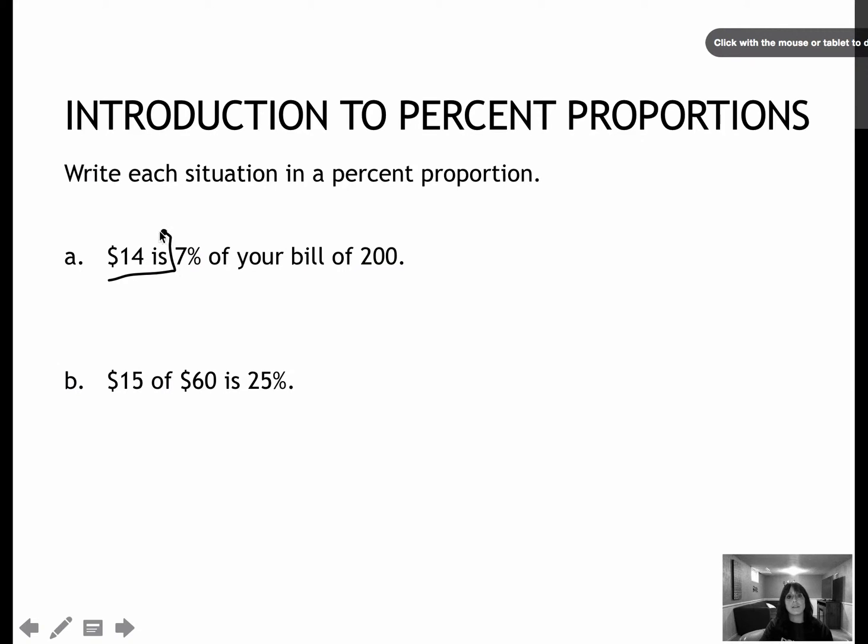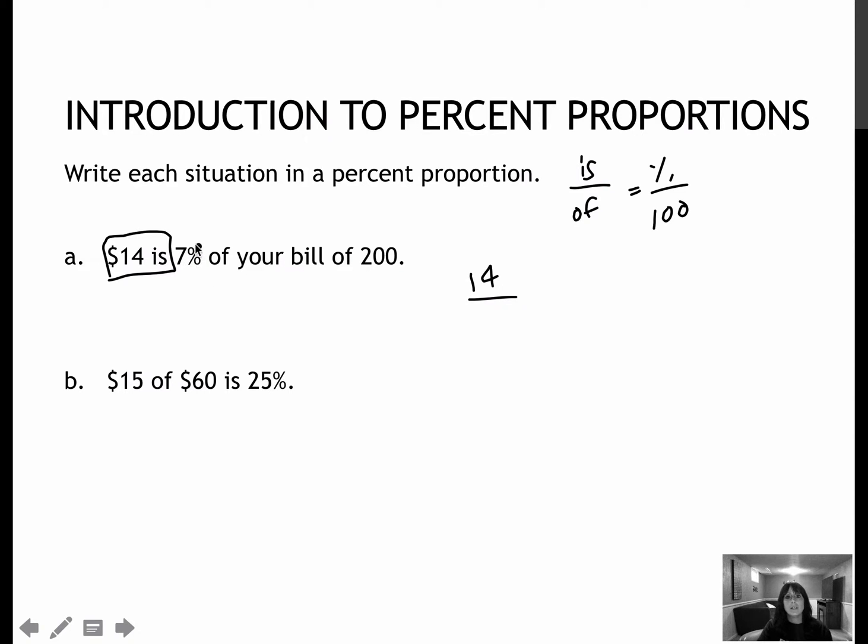14 is. That means, remember when I said is over of equals percent over 100. The is 14, so it's going to be 14 on top. 7%, obviously that's the percent that will go over 100 every time. Notice that I'm writing it as 7 and not 0.07. The reason I don't have to write 0.07 is because I have it over 100.